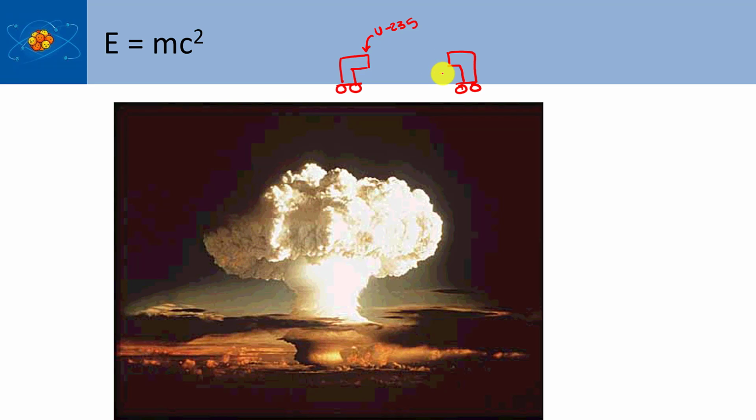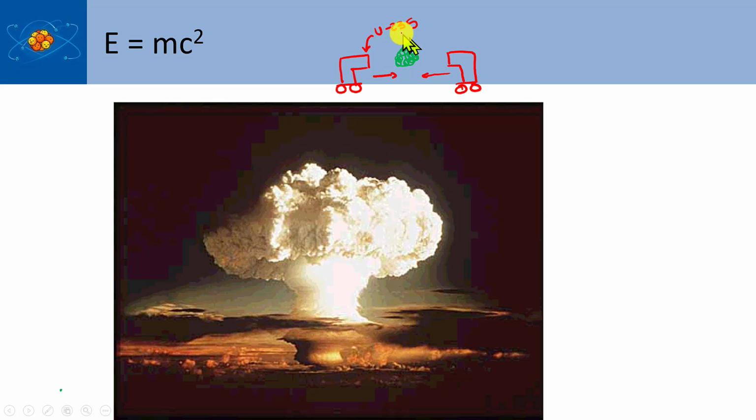And then they would move them towards each other. And as they got closer together, what they would see happen in between is they would start seeing sort of the glowing of radiation between the two pieces of uranium.